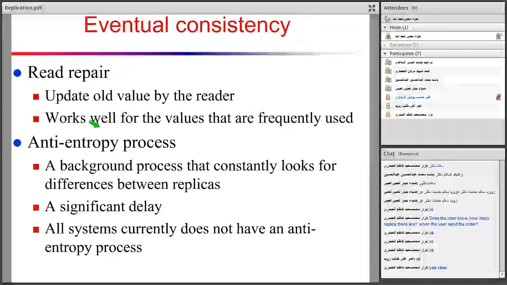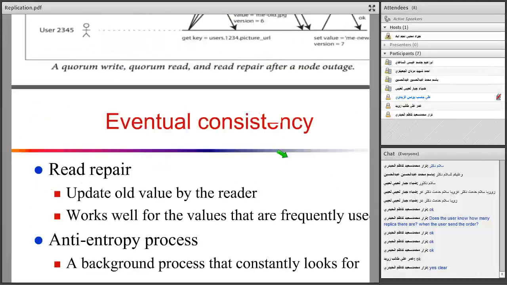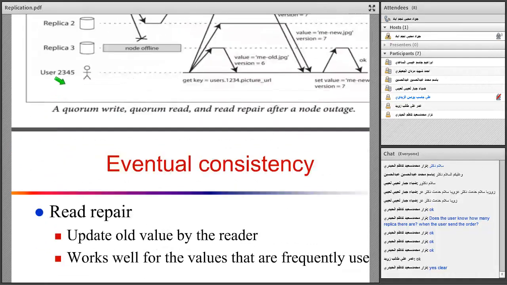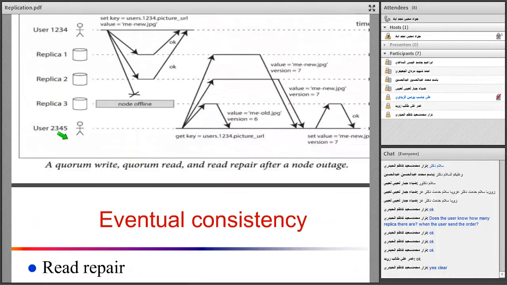And this technique works well for the values that are frequently used. It means in this example, user 2345 wants to see the image of user 1234. This data is required for this user.